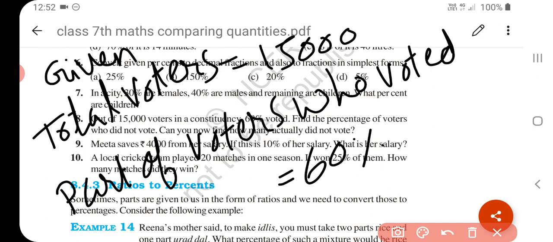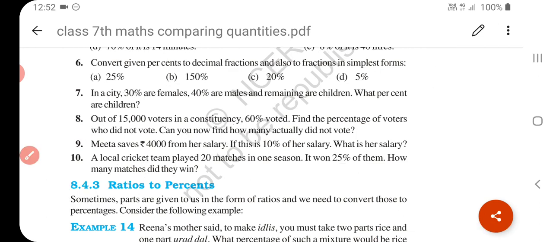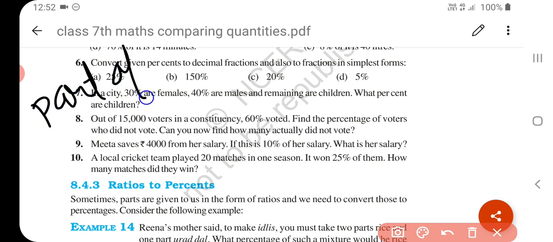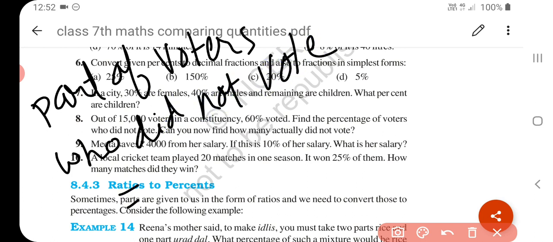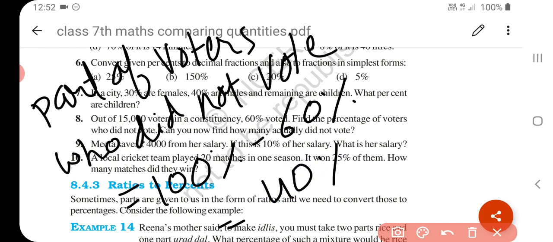So total 100% minus 60%, that is 40%. 40% is the part of voters who did not vote. Therefore, part of voters who did not vote is 100% minus 60%, so it becomes 40%. So 40% of 15,000 are people who did not vote.